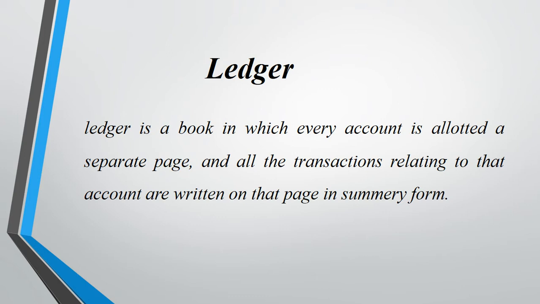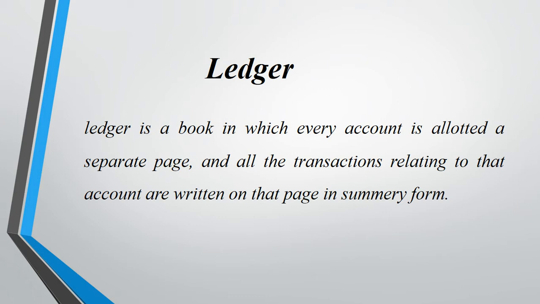That is the second most significant step of the definition, that is classifying. Firstly, we record all the transactions in the journal. After that, we post the transactions into the ledger. That is the second most important part.